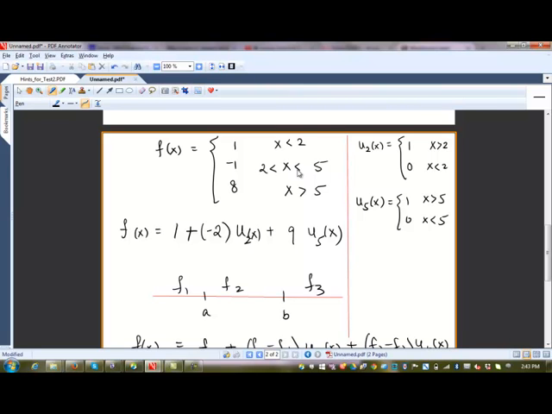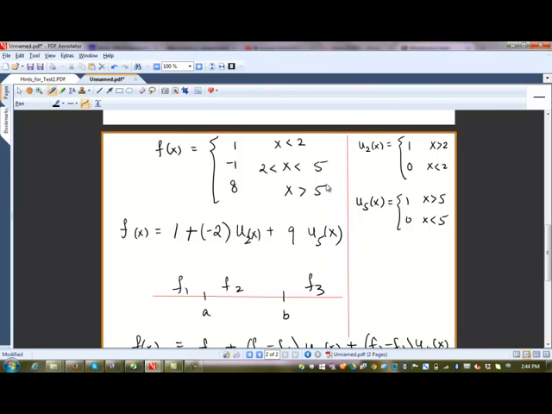But doesn't that also say that the u2 switch turns off above 5? Above 5, no. If x is bigger than 5, x is bigger than 2 also. Yeah, but you say that for switch 2 to be on, it has to be greater than 2 and less than 5.